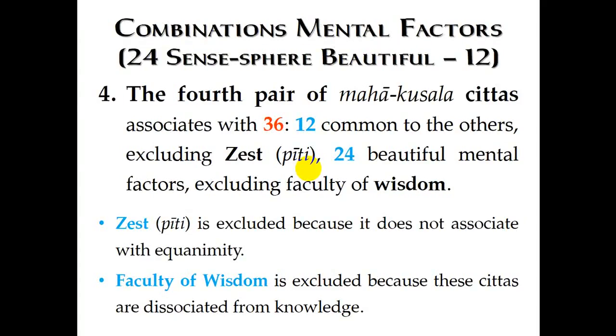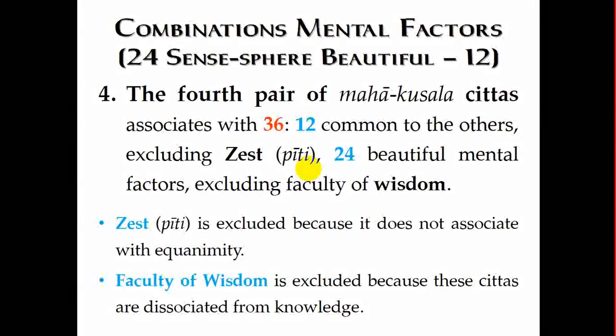And the faculty of wisdom is excluded because some of the chetas, especially number 4, are dissociated from knowledge. I think it's quite clear, right?